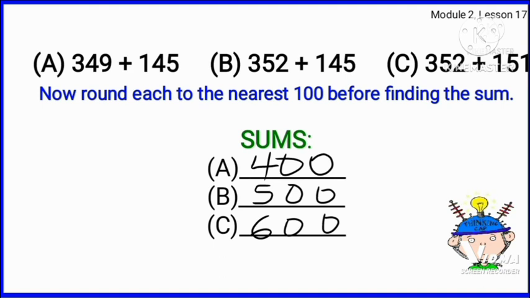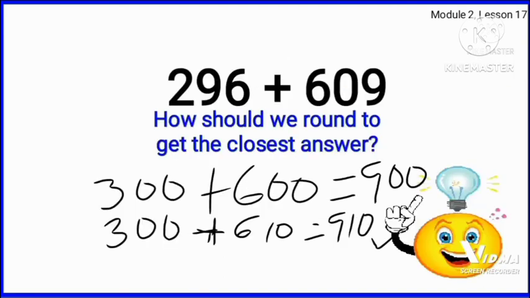That is the A. To the nearest 100 in B, 400 plus 100 will give us 500. And in C, 400 plus 200 will give us 600. The same figure to the nearest 100. These numbers to the nearest 100 give us these answers.